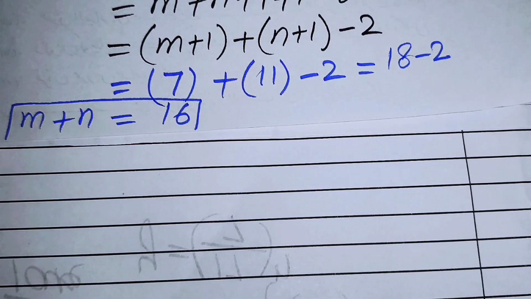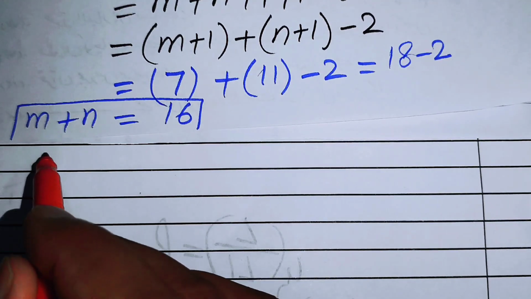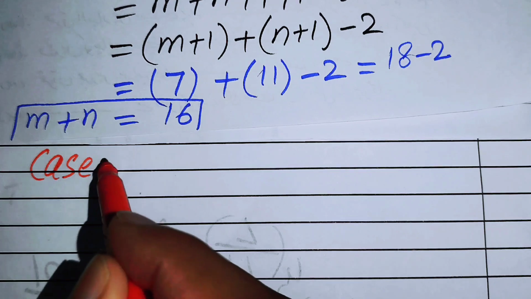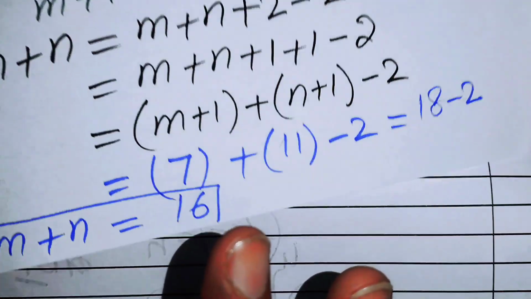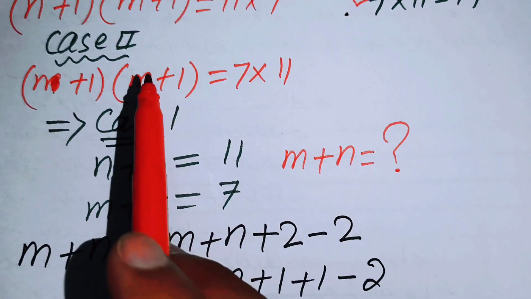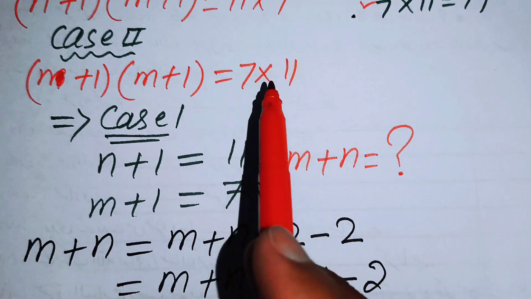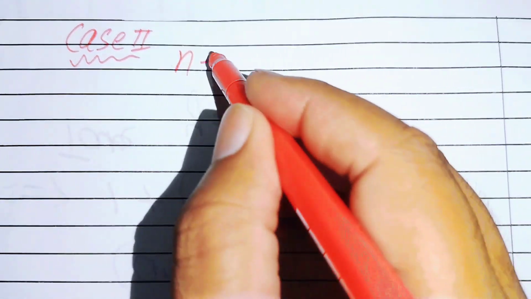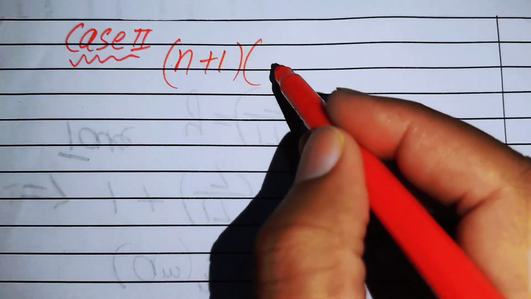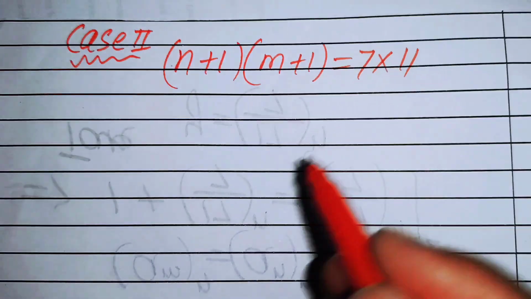So here we get the value of m plus n from the first case, and similarly we can proceed with case number 2. The case number 2 is (n+1)(m+1) equals 7 times 11.